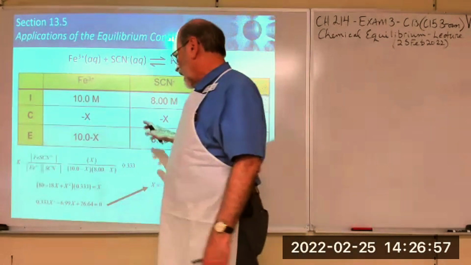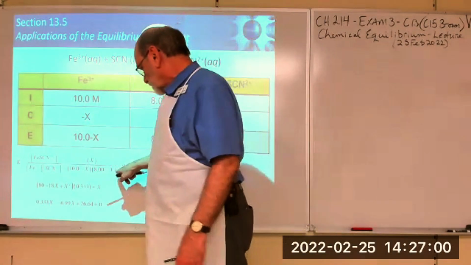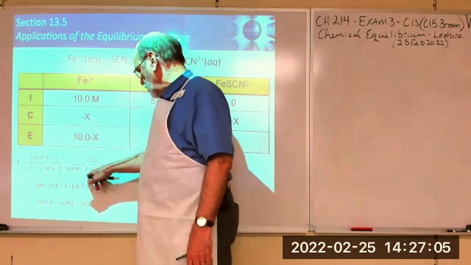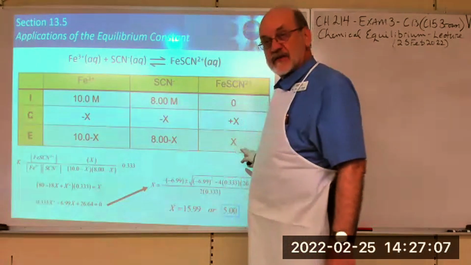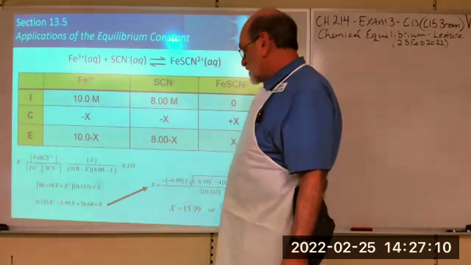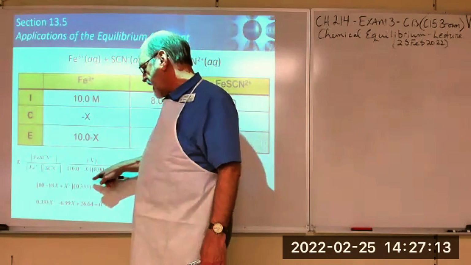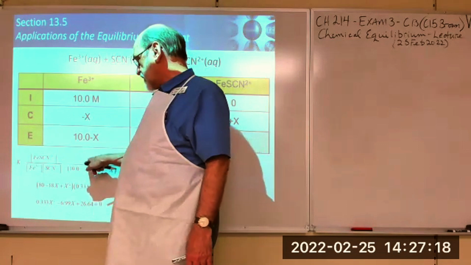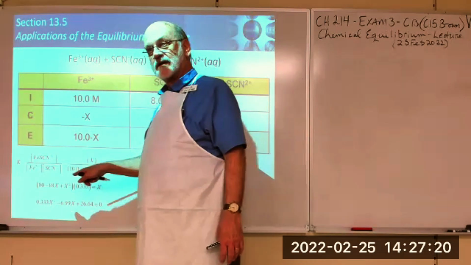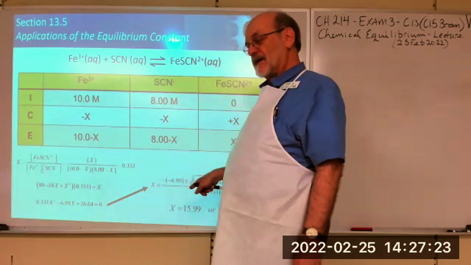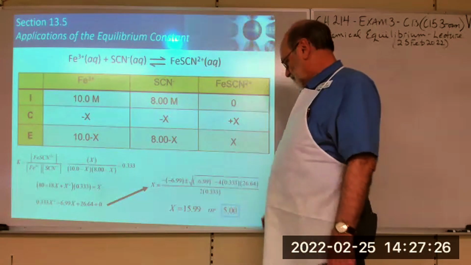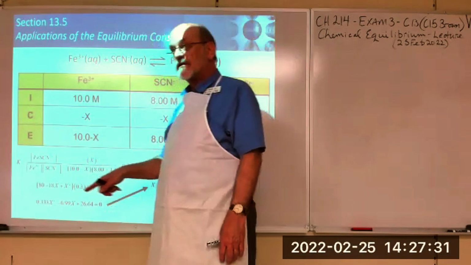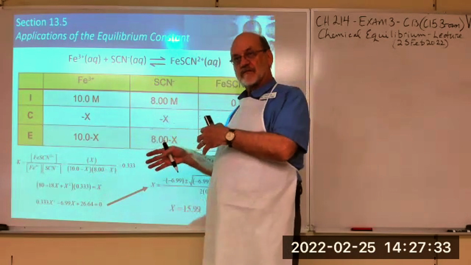The reason, what I'm saying is, if this value is extremely small, then we might say that we're only going to get a little bit of X, not very much. In which case we can say X is a lot smaller than 8, it's a lot smaller than 10. We can throw those out. Right? And then just solve for a simple X without going through the quadratic. But we see from this that it's going to be a substantial value compared to 10 and 8. So we could not use that estimation method.